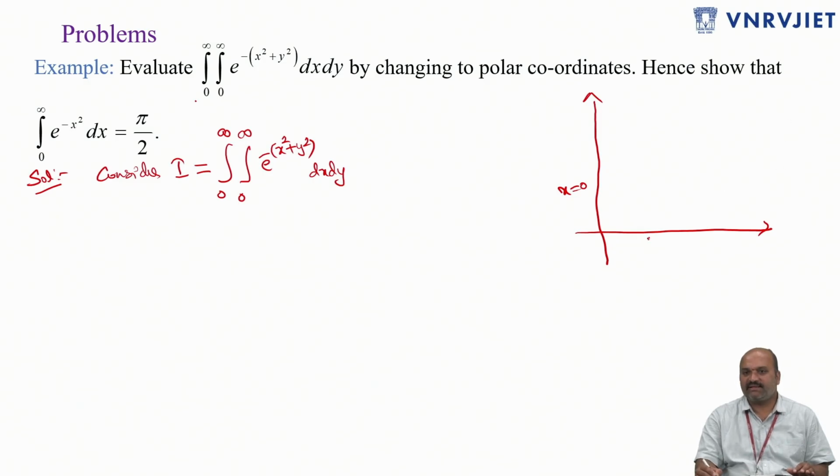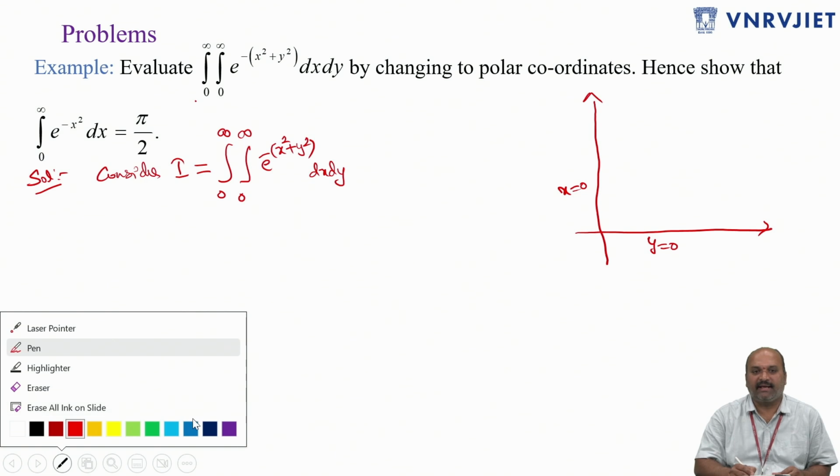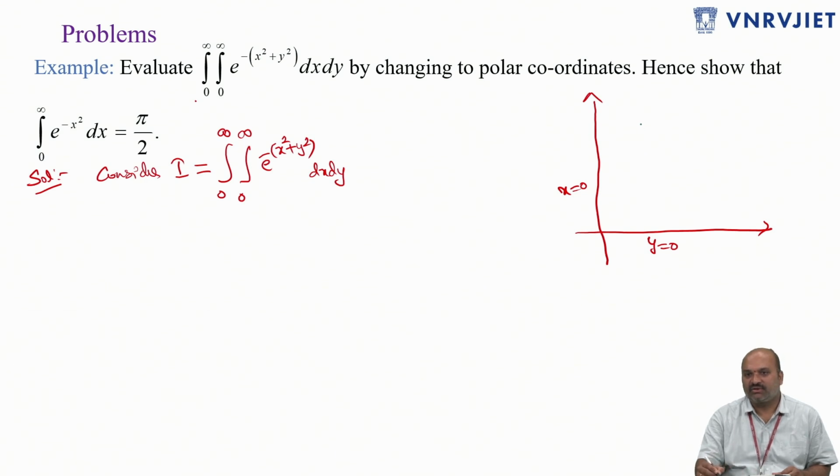Similarly, y equals 0 means the x axis, and y equals infinity is a straight line parallel to the x axis. So the region of integration here is the entire first quadrant.